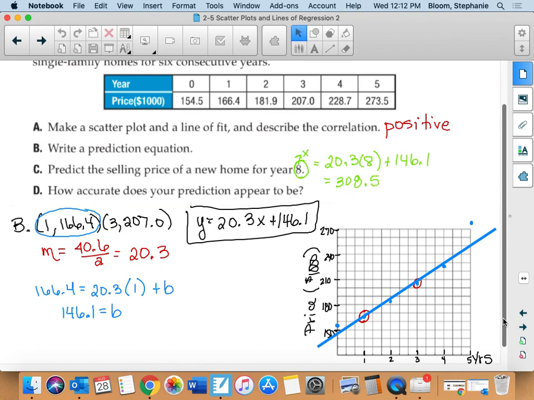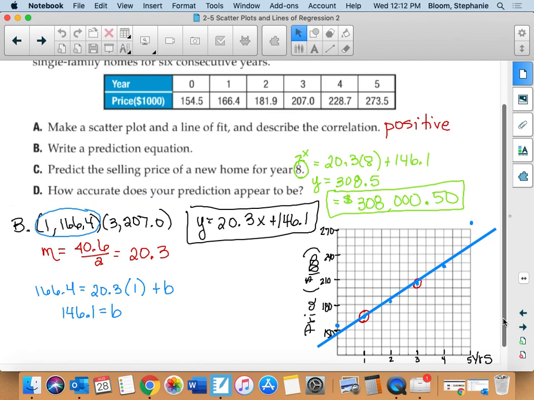Now, here's what I want to remind you of. Remember that the y that you're getting represents the price in thousands. So that actually is 308,500. So we want to write our final answer to reflect that. Okay? So there's my answer for C.